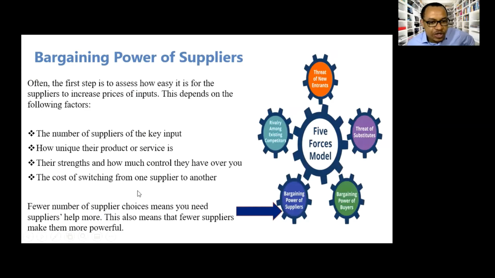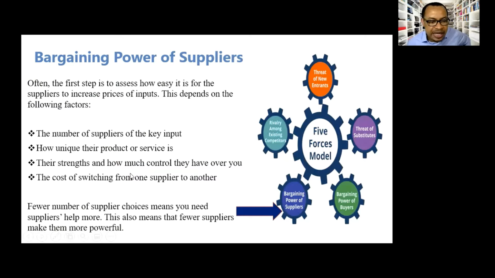In that case, if the cost of switching from one supplier to another is easy, then you have power and you can exercise your power. If you have control over them, then you have power and you can exercise that power. But if they have control over you, then you will need their help.